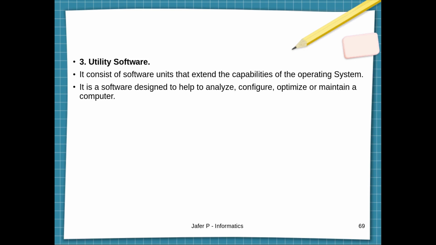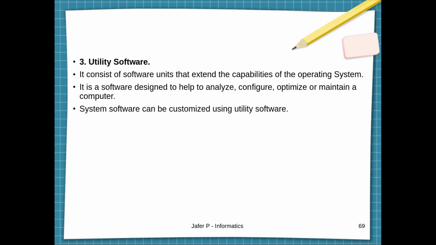Once you delete them, the problem will be solved, right? That is called optimizing. You are optimizing your mobile phone operating system to increase the performance of the mobile phone. The same approach you can use in a computer system as well.